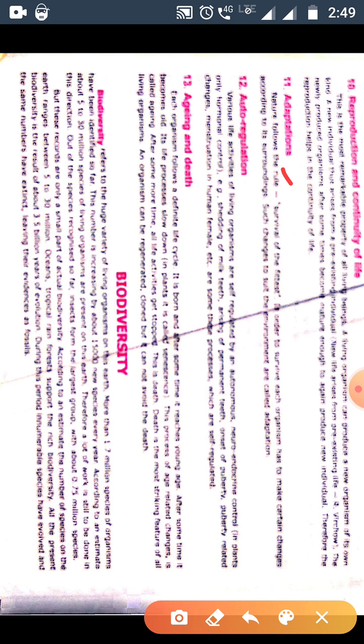Okay, adjustment. Adaptation means adjustment with the society, with the nature, with the surroundings is known as adaptation. All living beings have the quality of adaptation.